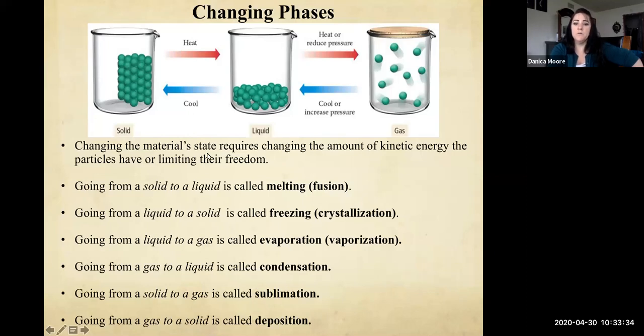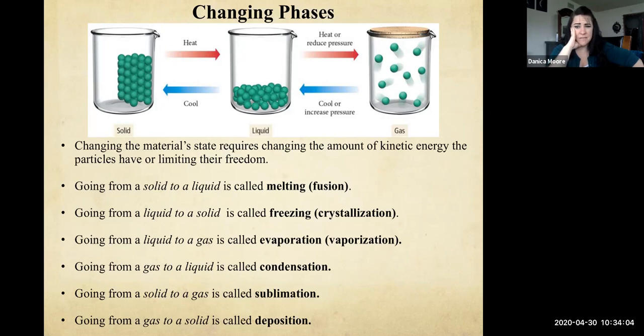Okay. So looking at this diagram, if we're starting at a solid and going to a liquid, right? What's happening to the molecules' freedom going from solid to liquid? Are they getting more or less free? More free, right? So in order to get more free, what do you have to do to the molecules? Increase the temperature, aka give them energy.